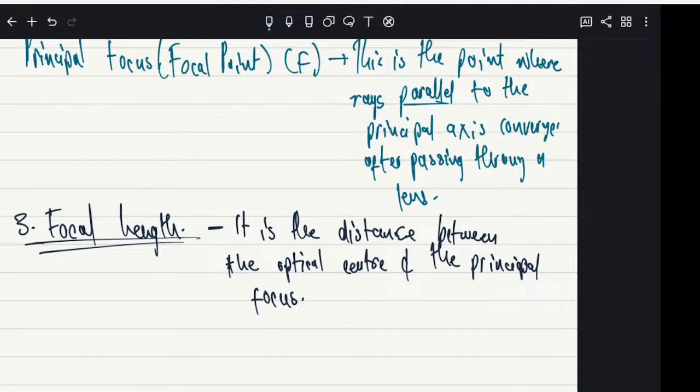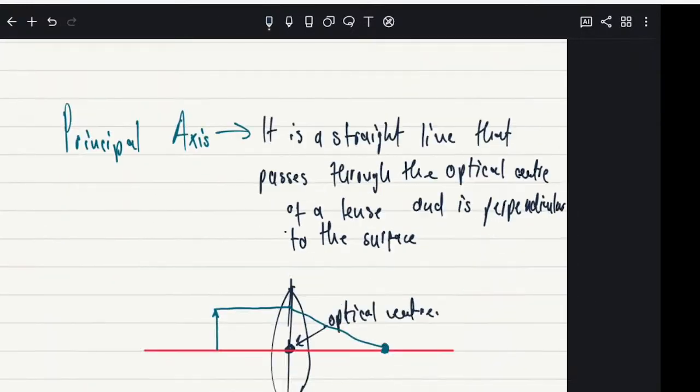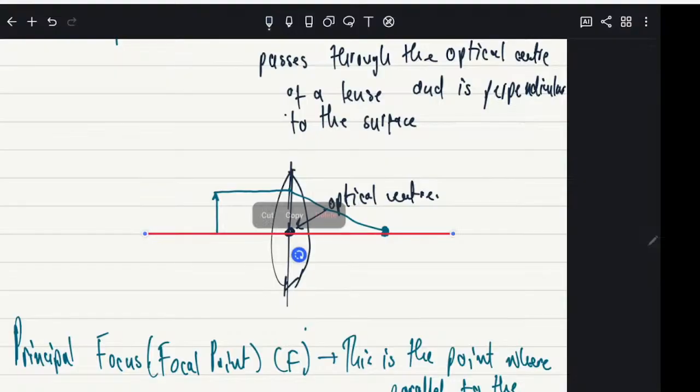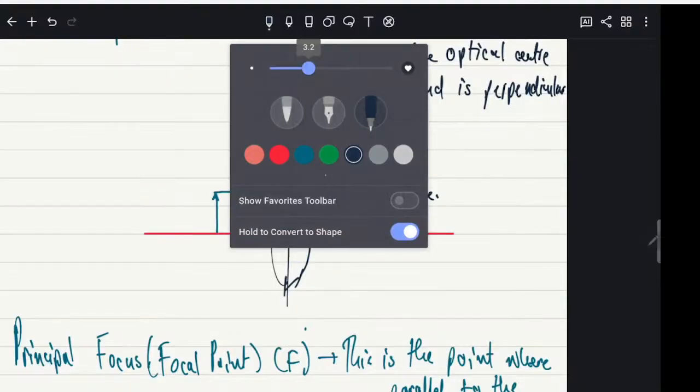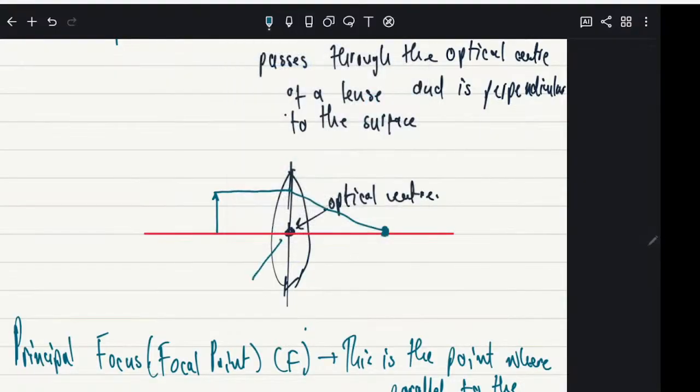From the optical center to another point, which is the principal focus. It's between 2 points. This point, optical center, which is here, to this point here. This distance between 2 points, the optical center and the focal point or principal focus.